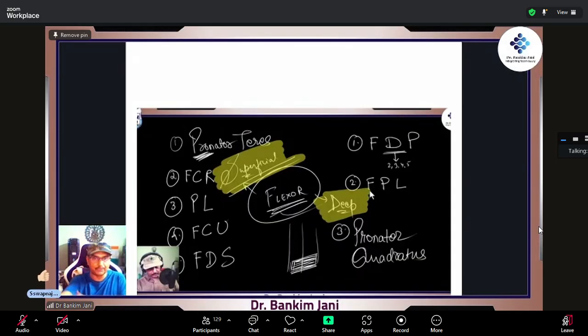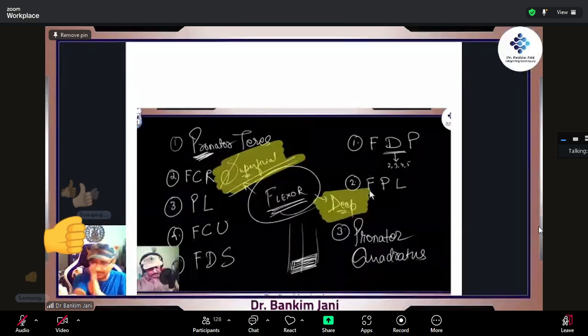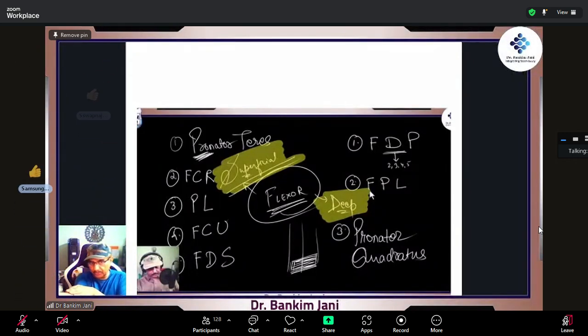Say if we are doing it for the right hand, then we do it like this: 1, 2, 3, 4, and the 5th one. These are 5. And how do you put your hand? You have to put it at the elbow, directing towards the ulnar side. So the first one would be the pronator teres.